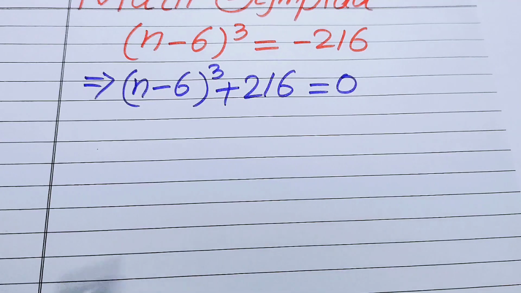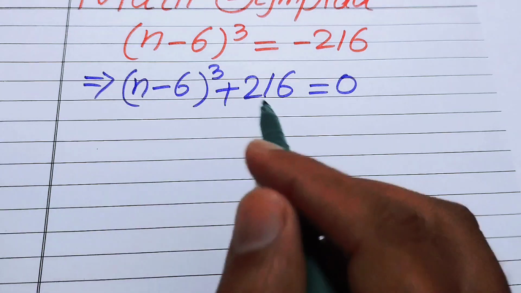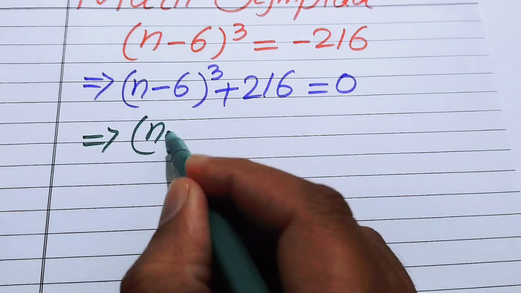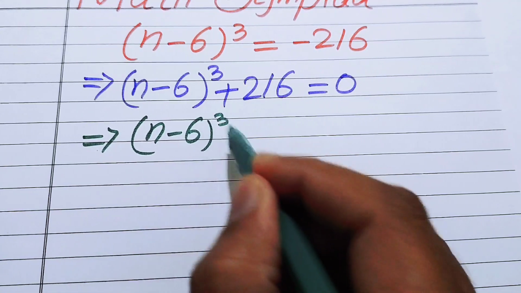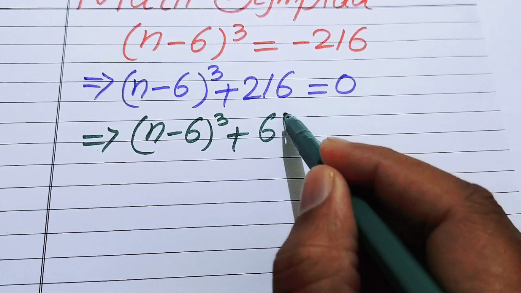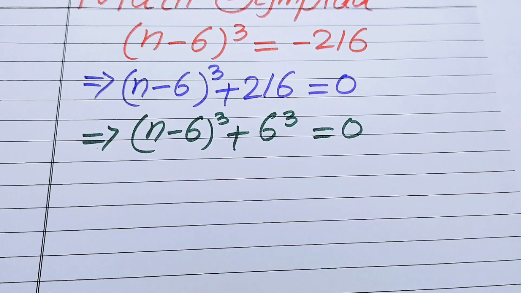So now in the next step you will first find the prime factors of 216, so we can write 216 in the form of (n minus 6) whole cubed plus, you know that 216 equals 6 cubed, and this whole equation equals 0.